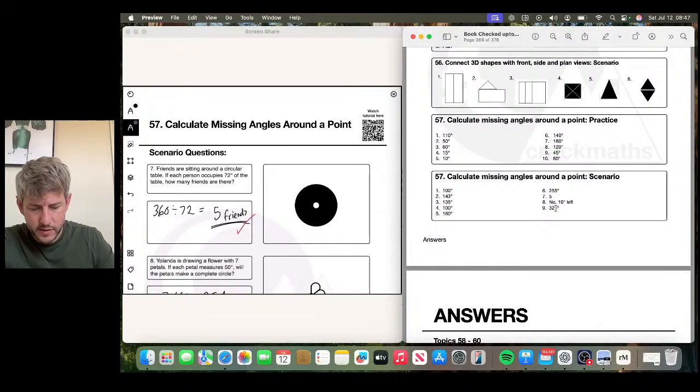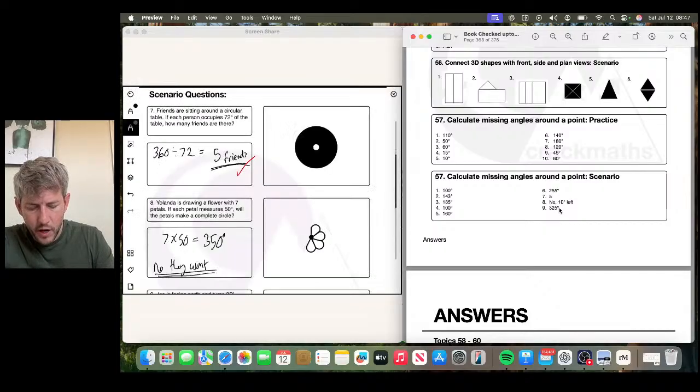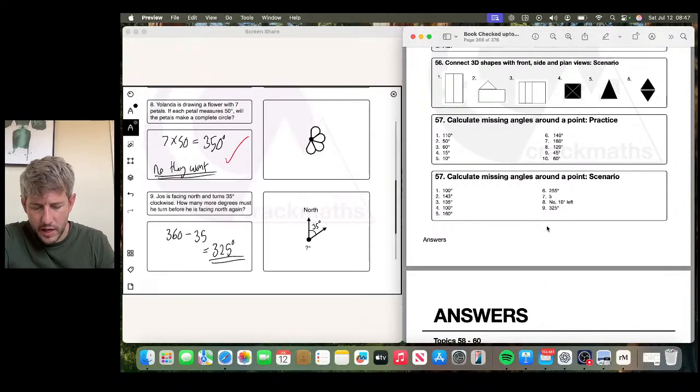Five friends. Yeah. No, 10 degrees left. Yeah. No, they won't. And then 325 degrees. Excellent.